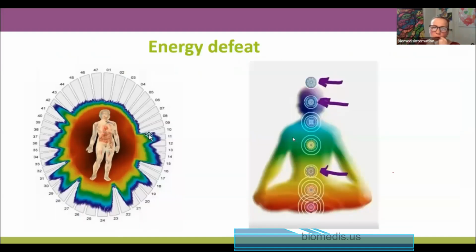I also want to talk about this energy defeat situation, when usually the third, sixth, and seventh chakras are completely closed, and in some cases the fourth chakra is also closed. That is when the person's energy field is so closed, and that's how it looks in the aura, that anything you do, even bioresonance or anything, nothing seems to help the person.